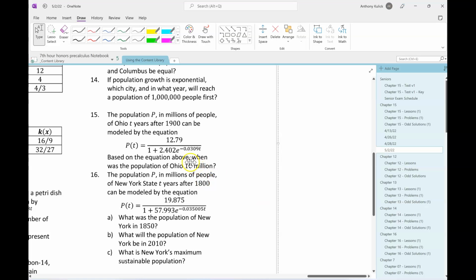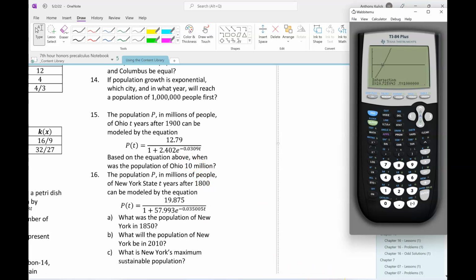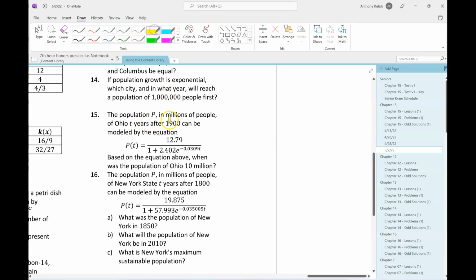Sure. So this is probably my suspicion as to what your issue was. It says the population P in millions of people. So when will the population be 10 million? The equation I'm going to be solving for is this.